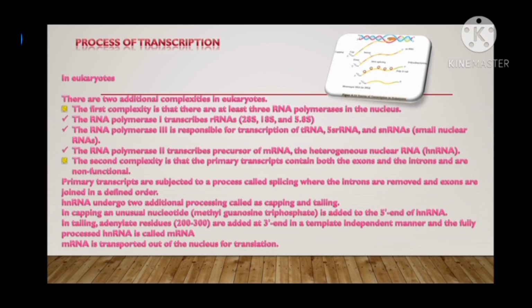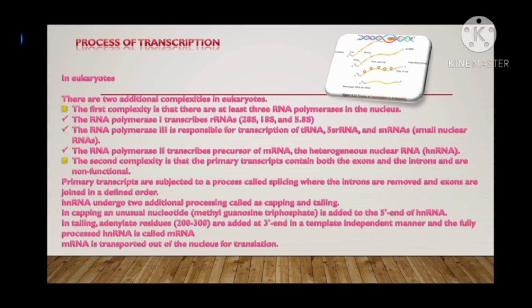The very first complexity is that there are at least 3 RNA polymerases in the nucleus, right? RNA polymerase 1 transcribes rRNA. RNA polymerase 3 is responsible for transcription of tRNA, 5S rRNA and snRNA. And RNA polymerase 2 transcribes the precursor of mRNA, the heterogeneous nuclear RNA.